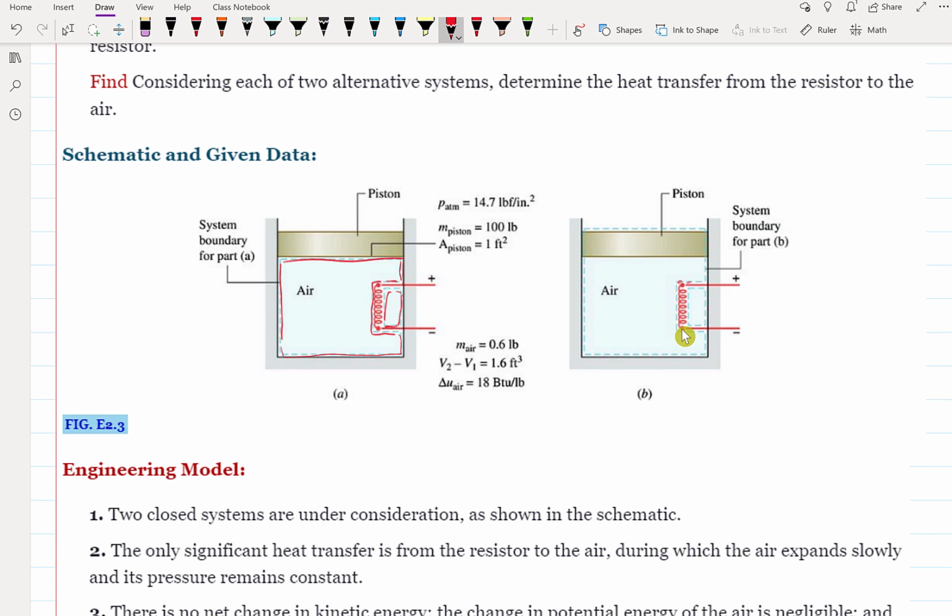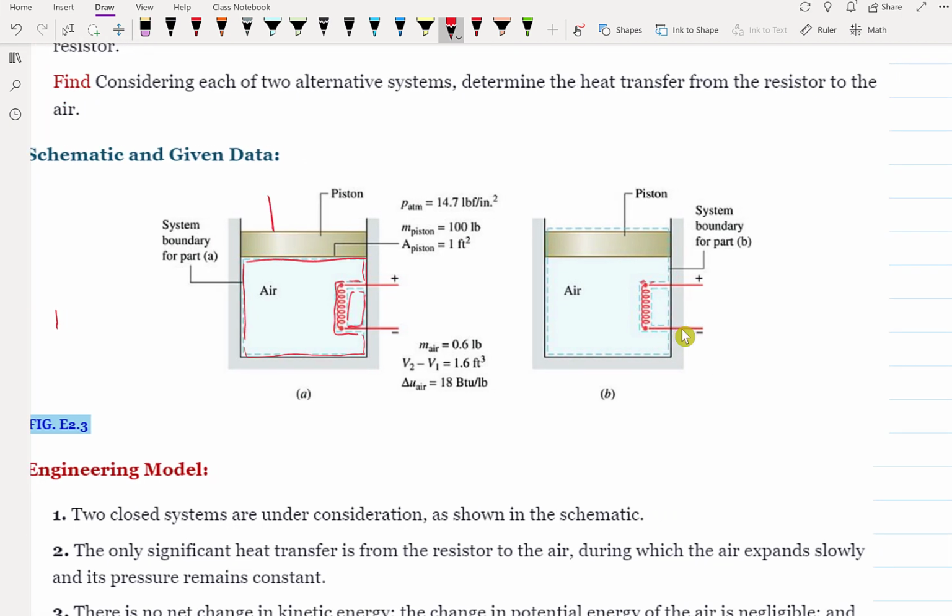Force is applied to the system by the piston. So we take the force balance on the piston to determine the work. The piston has the force by the mass of the piston times g. Also, there is force by the atmospheric pressure.